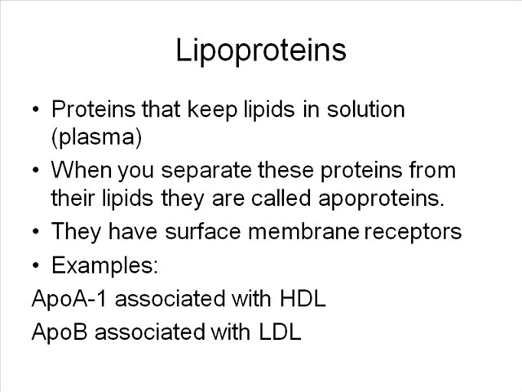All right, now what is a lipoprotein? That is what carries around these lipid particles, because remember, lipids are not soluble in water. You need something to make them more soluble. So think of a lipoprotein as a little car that drives these things around to get them from place to place.